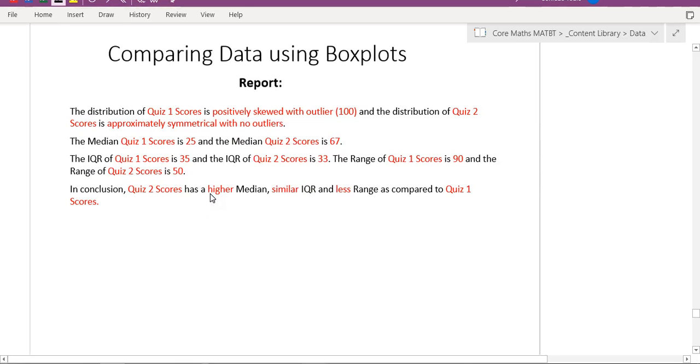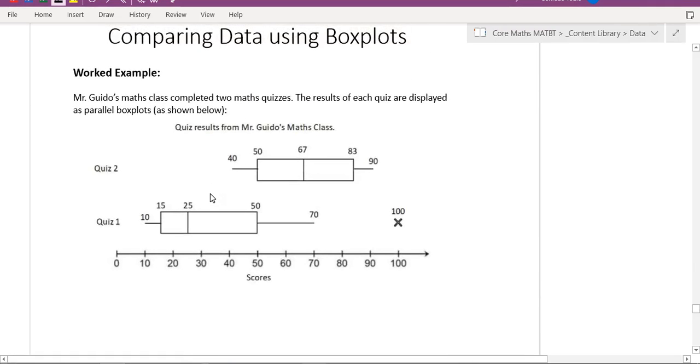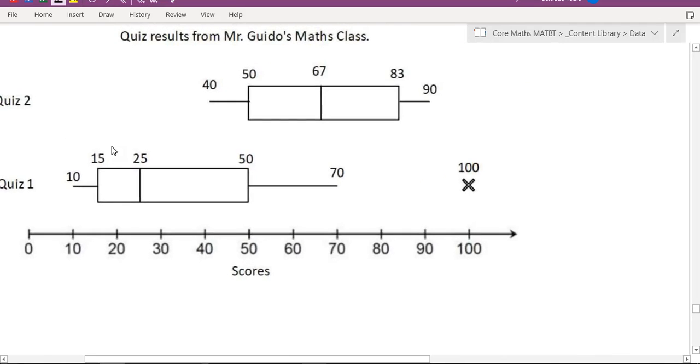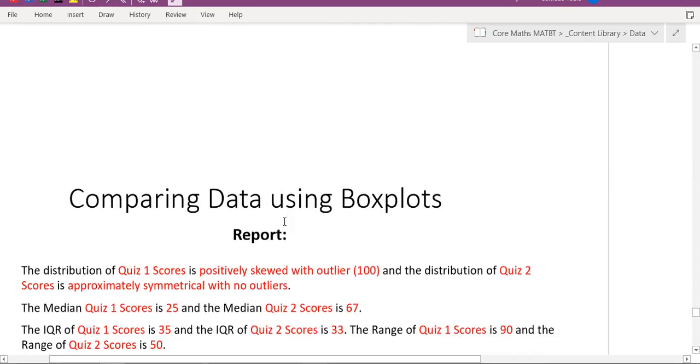IQR, so the interquartile range for quiz 1 is 35. So they calculated that by Q3, which is this one, take away Q1, which is this one. Okay, so 50 minus 15, which is 35. And then the IQR for quiz 2 would be 33. So they would have mentioned that as well.